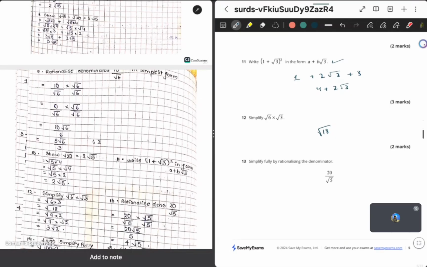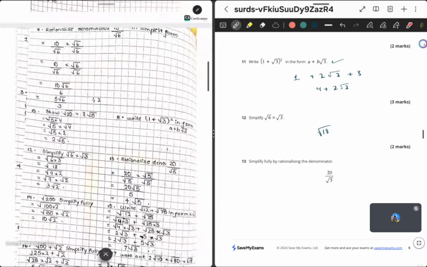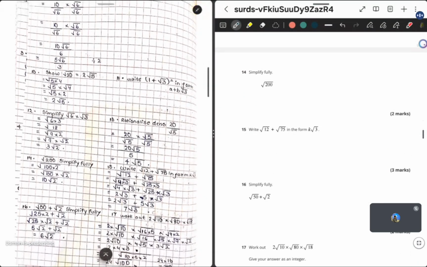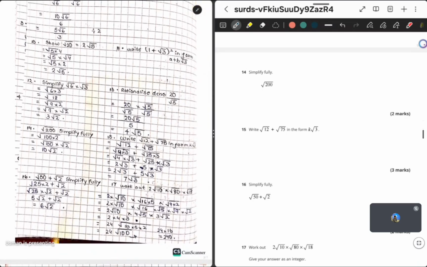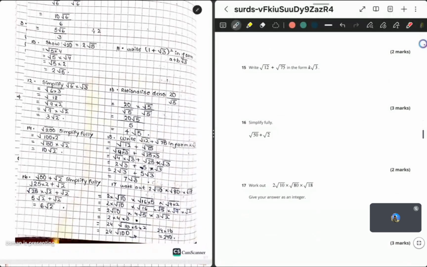Perfect. Very good. Simplify fully. Good. Perfect. Then we have simplify fully.